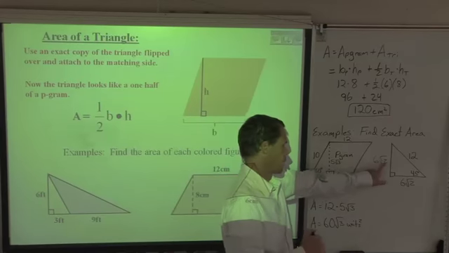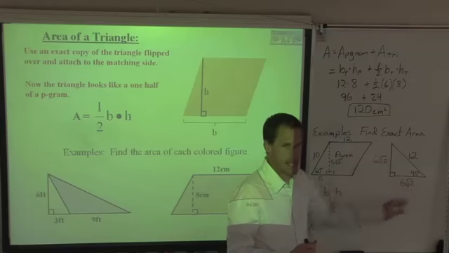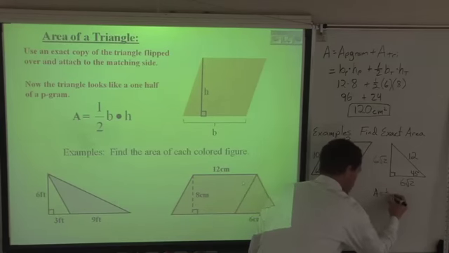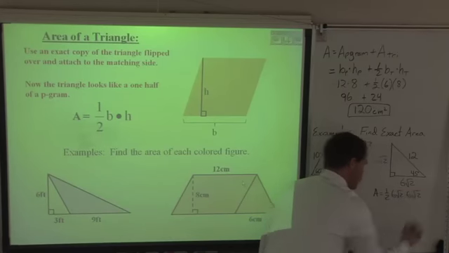6 rad 2 times rad 2 would equal 12. That is now my base and my height. So my area is equal to 1/2 6 rad 2 times 6 rad 2.